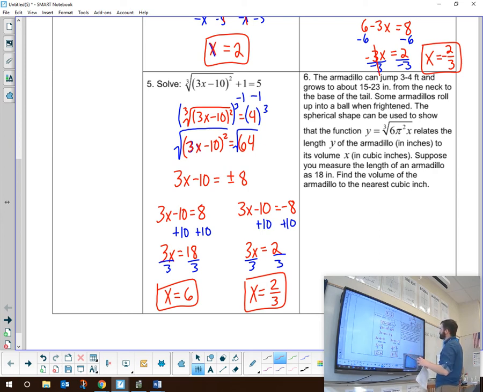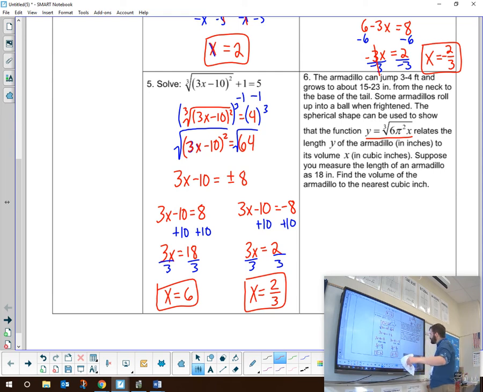The spherical shape can be used to show that the function y equals the cube root of 6 pi squared x relates the length y of the armadillo in inches to its volume x. Suppose you measure the length of an armadillo as 18 inches. Find the volume of the armadillo to the nearest cubic inch.